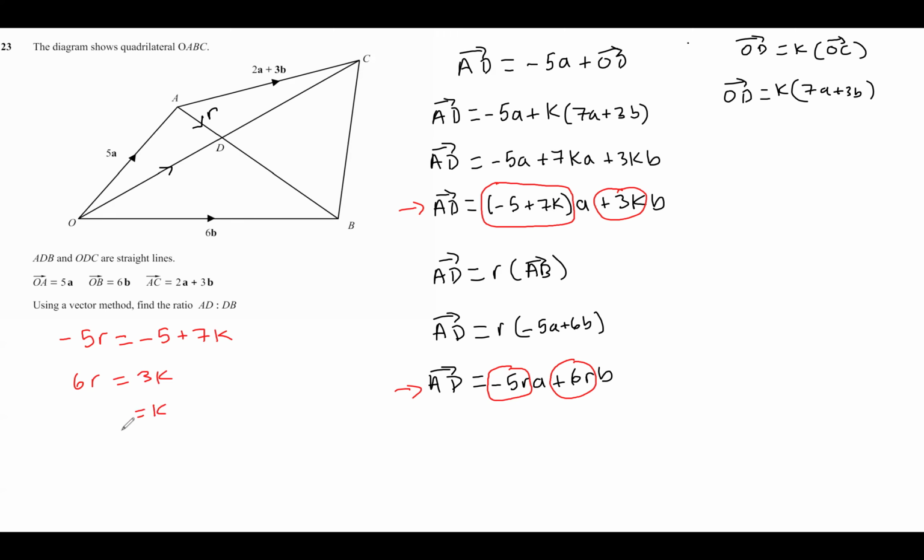So k must be equal to, divide both sides by 3, 2r. And now we can sub this into our first equation. So we get negative 5r is equal to minus 5 plus 7 times k, which is 2r. So we get 7 times 2r.